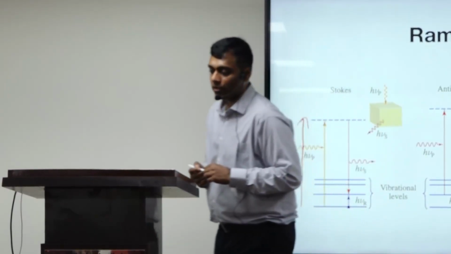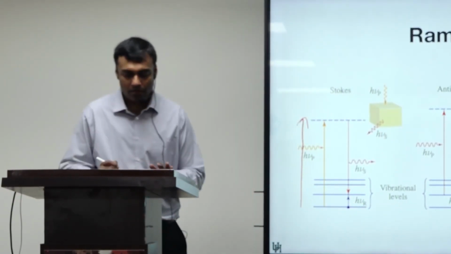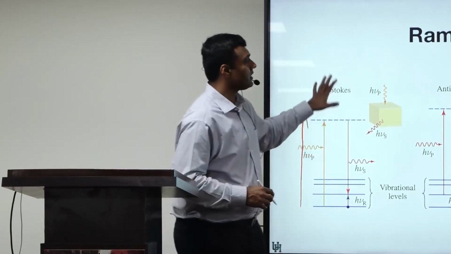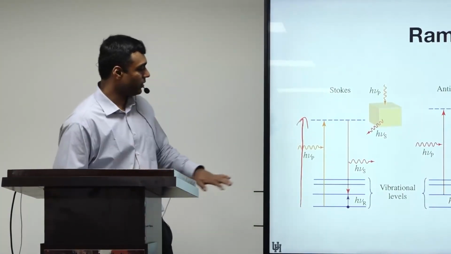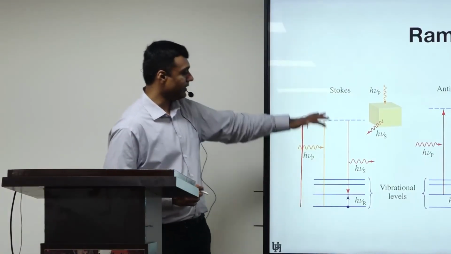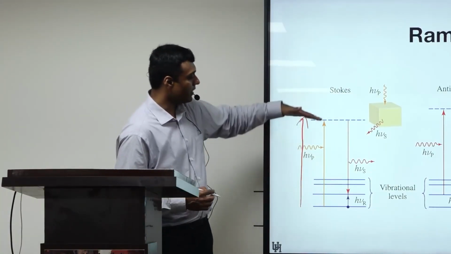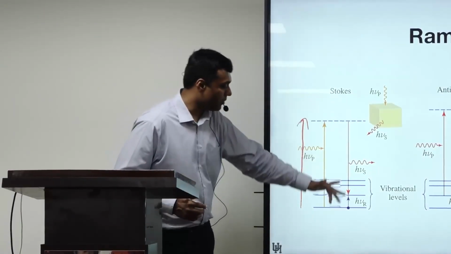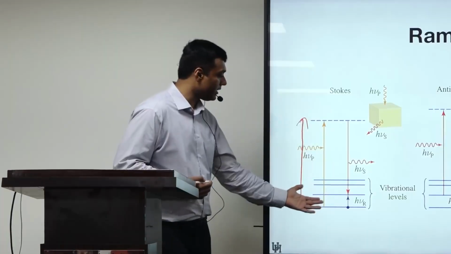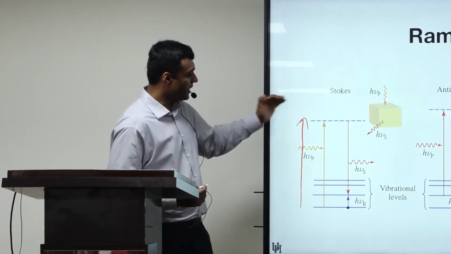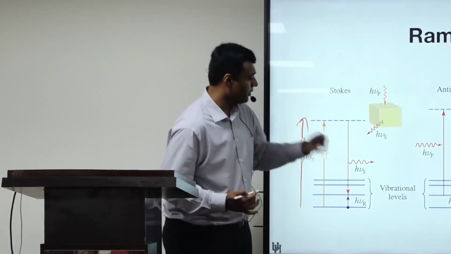Both are possible, and the entire process is called Raman scattering. An electron essentially transitions to a virtual state and comes back to a different state from where it started, and one photon gets converted to a photon of a different wavelength.